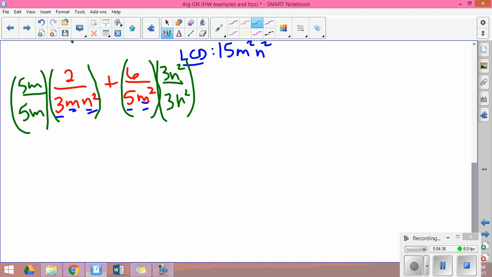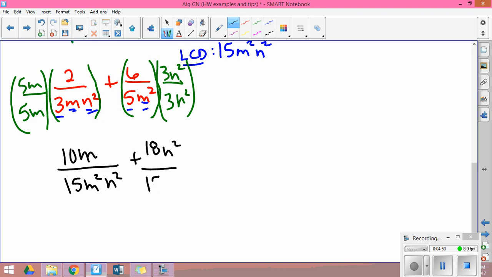So if I go ahead and multiply these together, numerator times numerator, I have 10m all over 15m squared n squared plus 18n squared all over 15m squared n squared. Don't cancel yet.